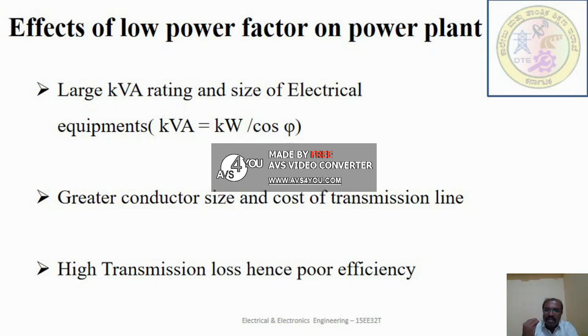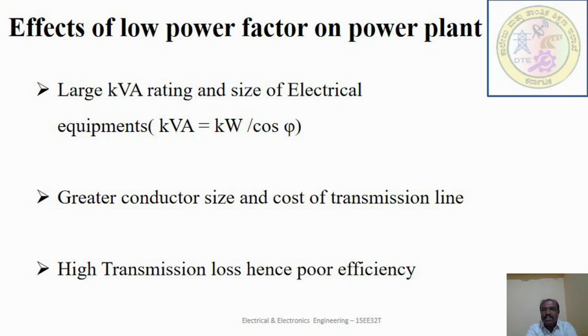If the current drawn by the equipment is more, a higher current carrying capacity of the conductor is required. If a higher current carrying capacity conductor is used, the cost will also increase and the conductor size will be greater. Thus, the size of the transmission conductor will also increase.